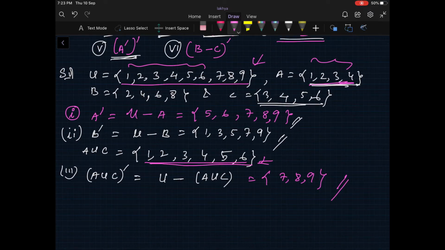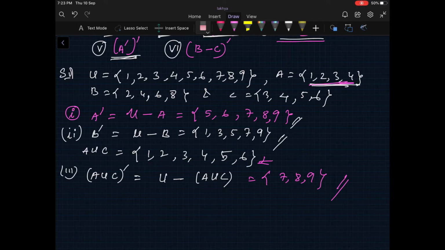So before going to find complement of A union B, we need to find A union B. Okay, so let's find A union B. Let me clean this first. So A union B means you have to write the elements of set A and B in one set.